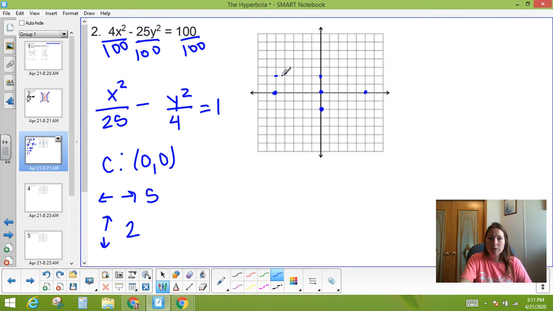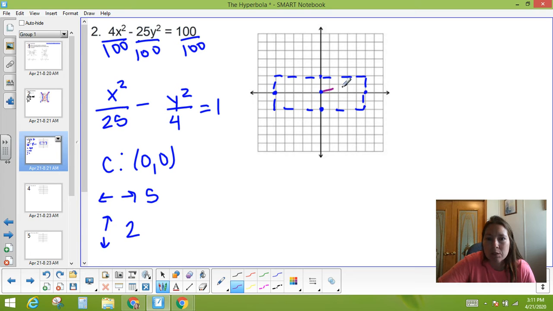All right, so again, use those to help you draw a big rectangle. All right, then we're going to do the best we can to get the diagonals drawn through that represent the asymptotes.